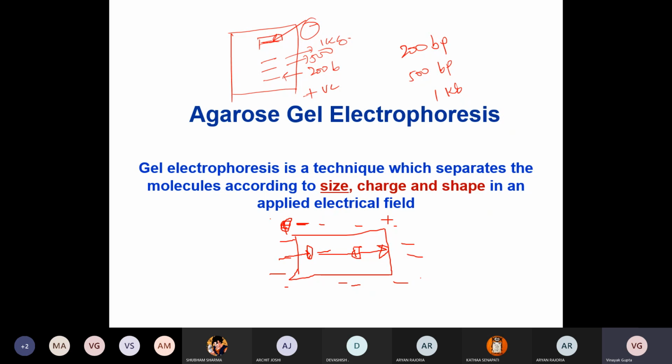There are some steps. We have to prepare a special buffer. We have to prepare the gel, and then one thing is, how will you visualize DNA? DNA actually has no color. Once we are done with this agarose gel, we have to visualize the DNA.